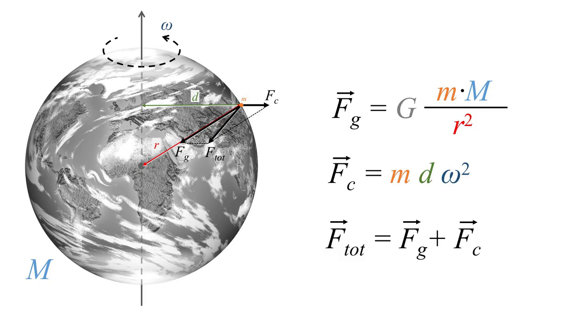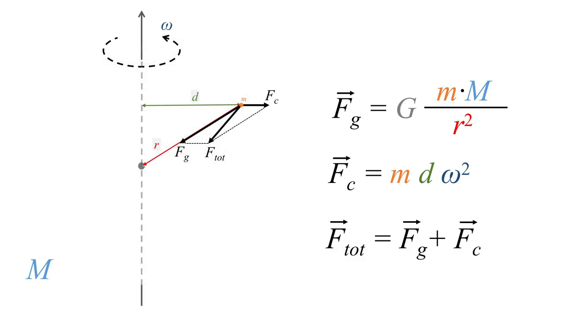Let's consider the force due to gravity, Fg, here pointing towards the center of the Earth. The total force on a falling object is the gravity force and the centrifugal force. We can simply add these two in vector form and see how it impacts the total force. On a location close to the equator, Fc gets stronger and counteracts the gravity force.